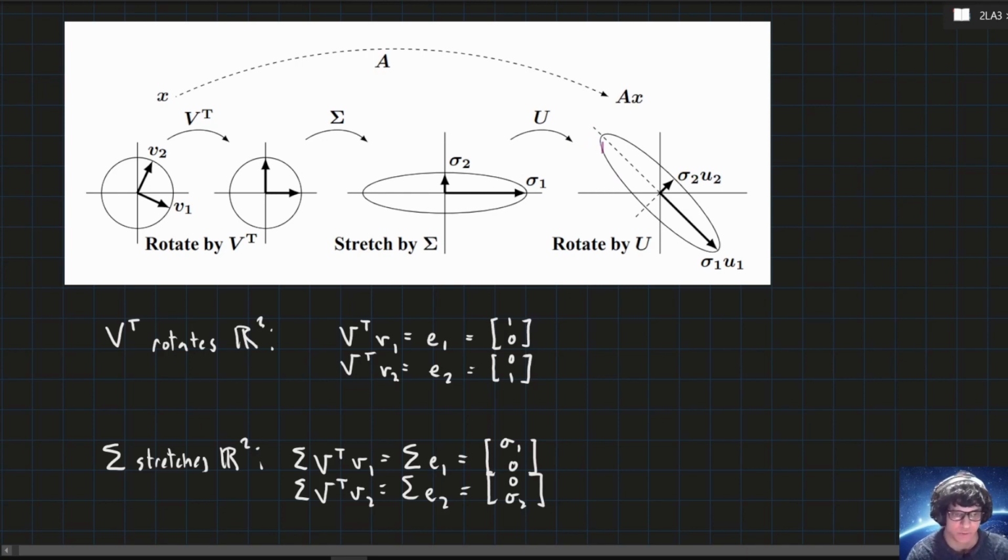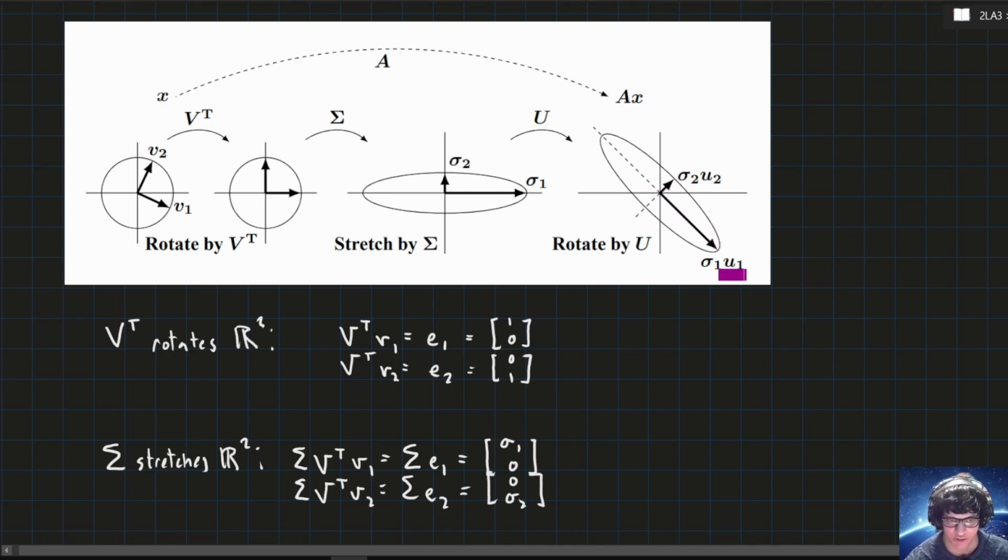Okay, so if you look carefully at this ellipse, it's been stretched by a factor of sigma 1, the first singular value. And after the final rotation, the direction it's being stretched in is what?